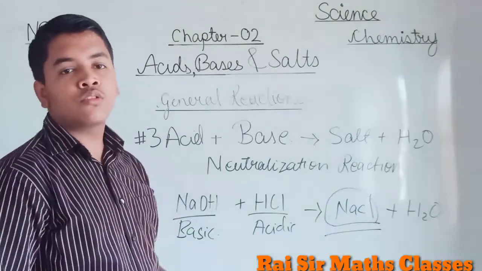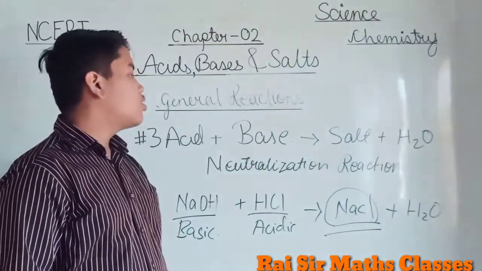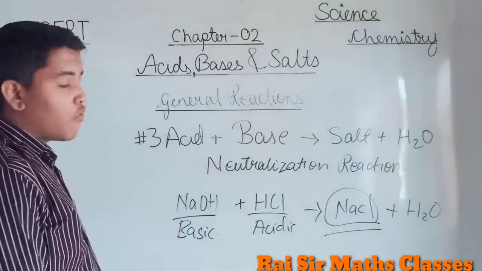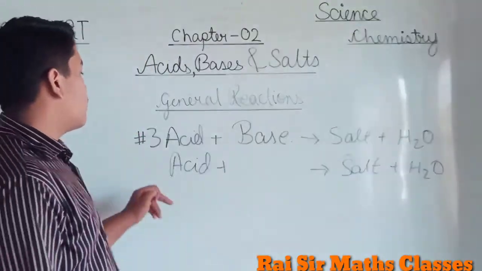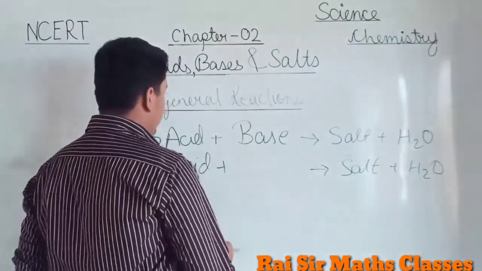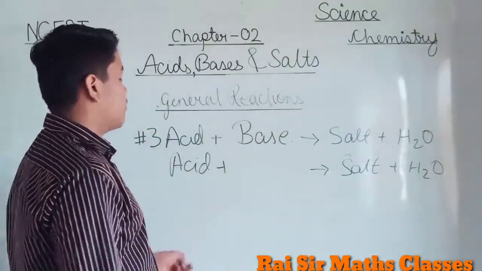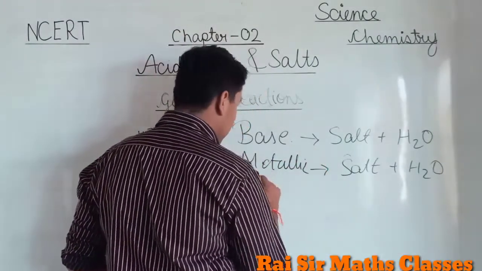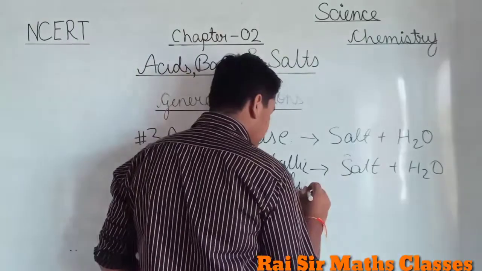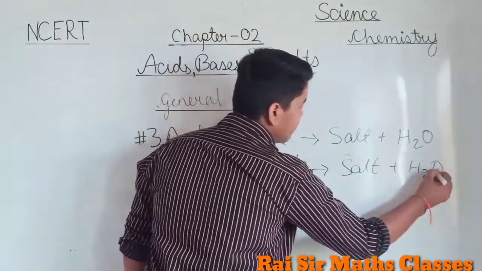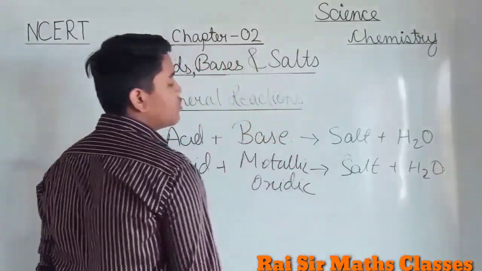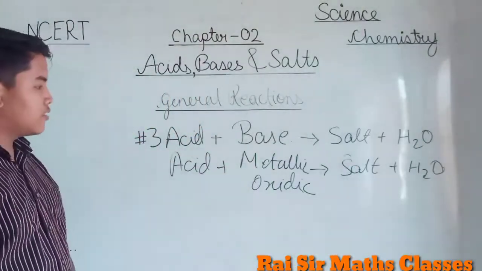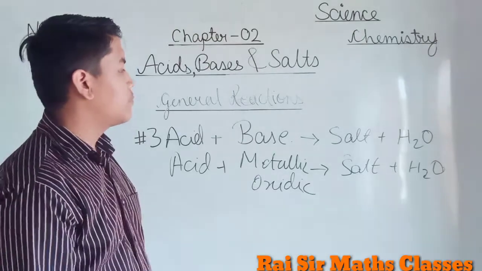Now I will show you some reactions through which you can easily get some important points. So let's see what they are. If we react acid with a metallic oxide, we get salt and some amount of water. By comparing these, what did you get?